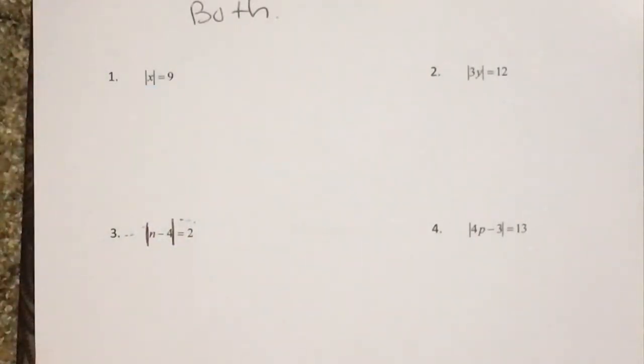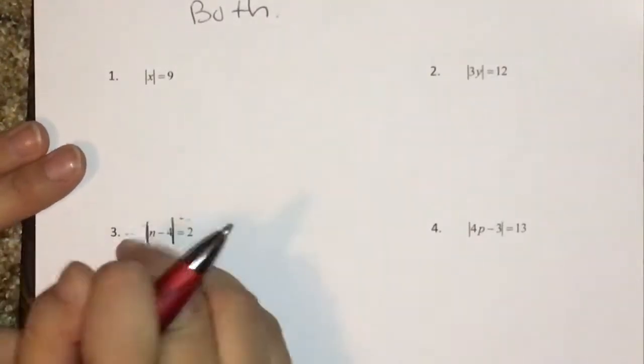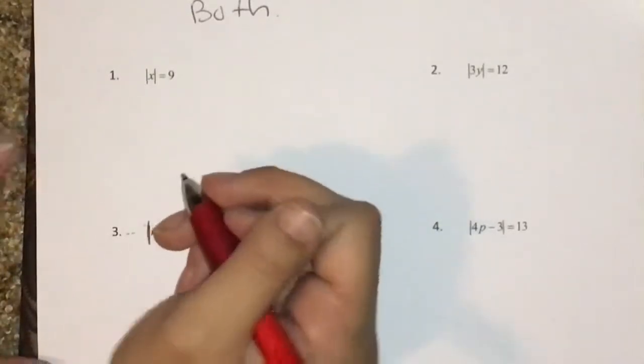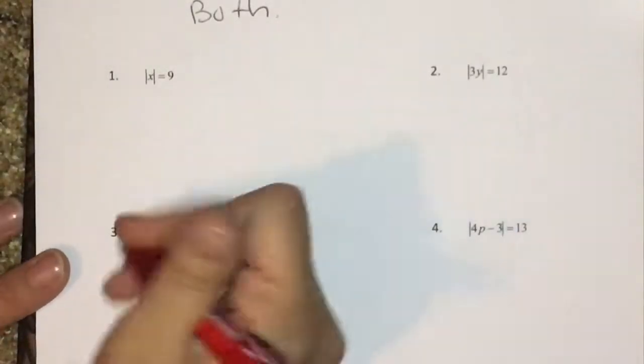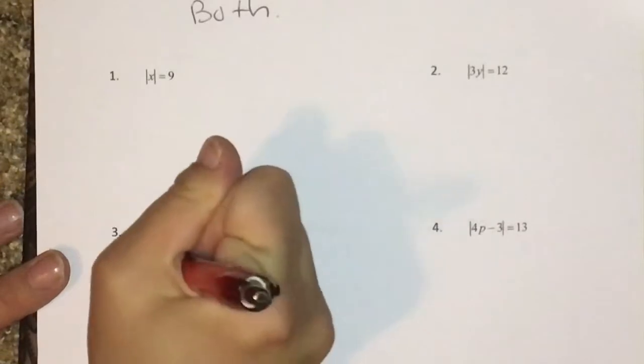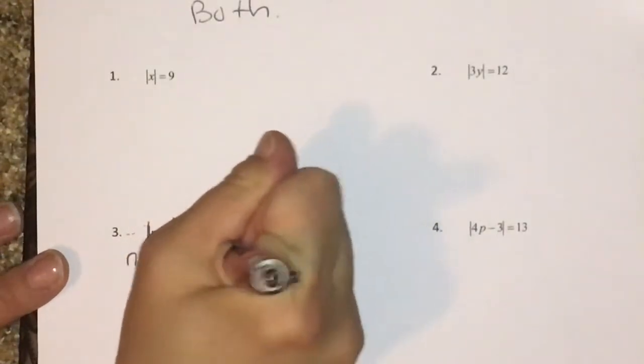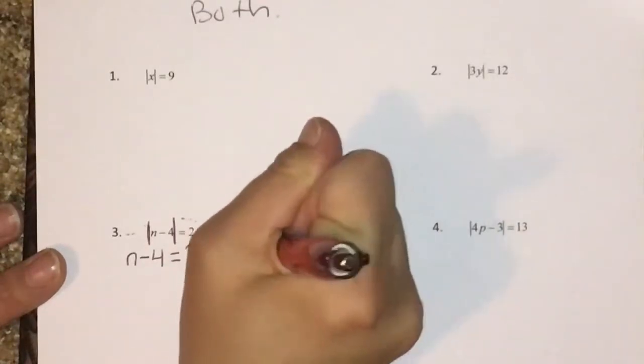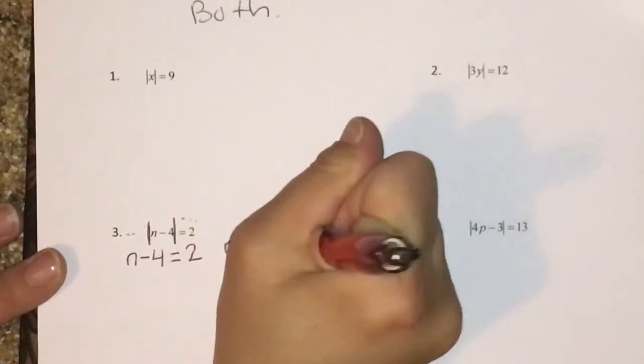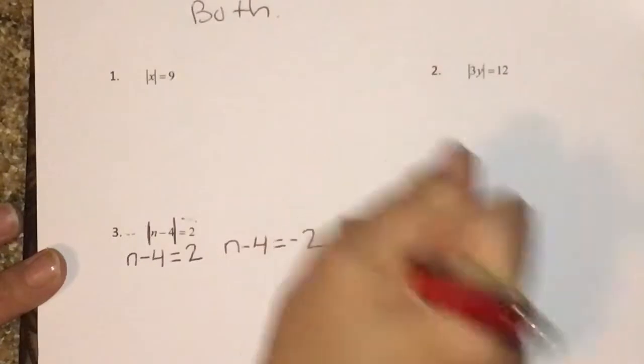So then I'm going to set up my 2 equations. When you set up your 2 equations, you need to drop your absolute value signs. So this is going to become n minus 4 equals 2 and n minus 4 equals negative 2.